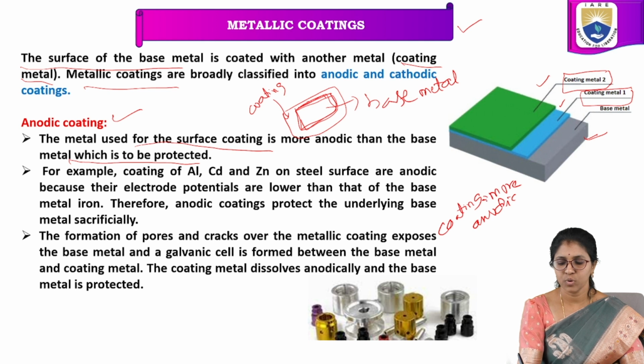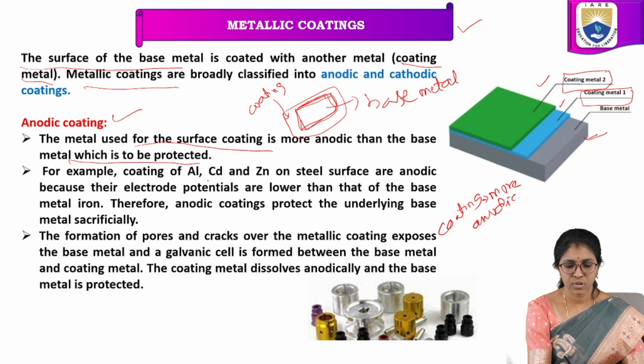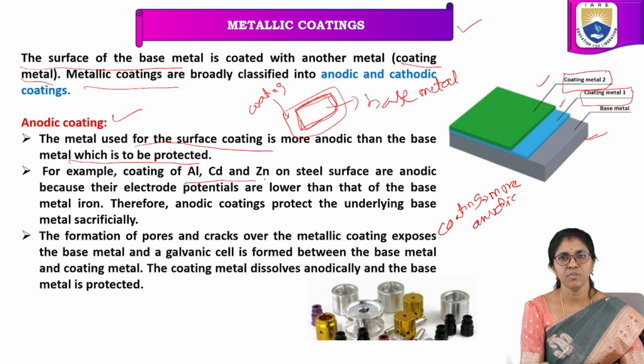For example, the coating of aluminium, cadmium, or zinc on iron or steel surface is an example of anodic coating.